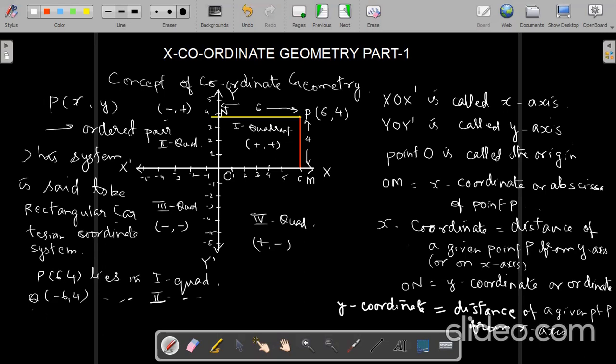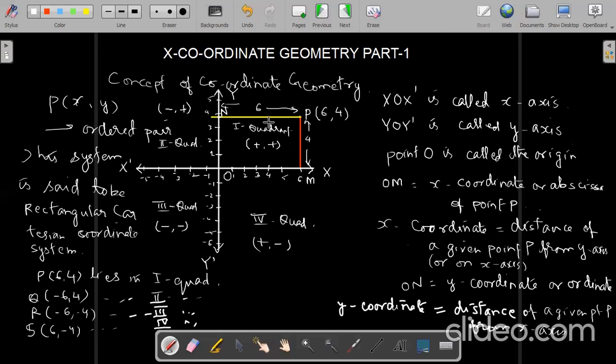If R is a point whose coordinates are both negative, (-6, -4), it lies in the third quadrant. And if there is a point S whose coordinates are (6, -4), it lies in the fourth quadrant. So by seeing their signs, positive or negative, we can find where they lie.